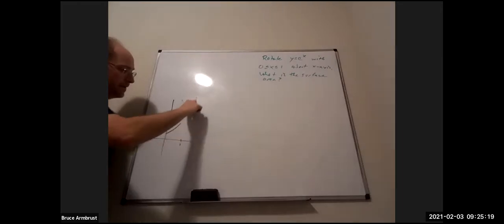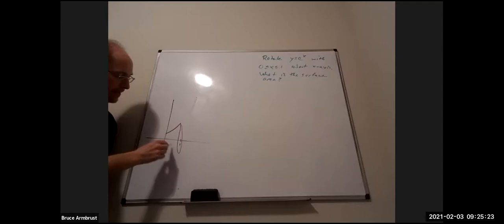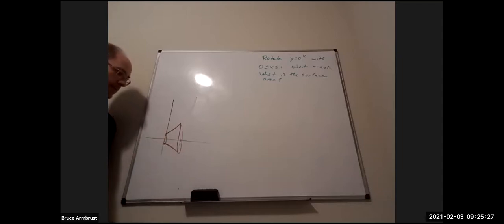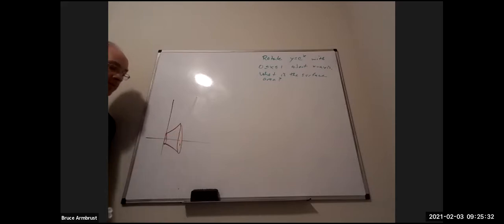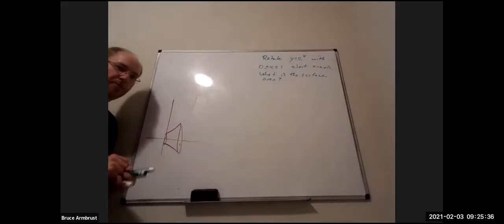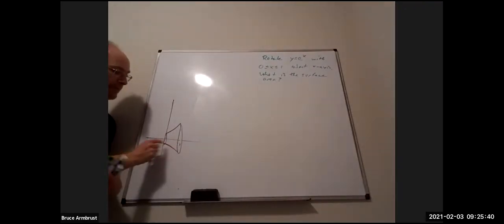So we're going to take this thing and rotate it around the x-axis. So we get this shape right here. Kind of looks like the end of a trumpet, right? End of a trumpet horn. All right, so I want to find its surface area.